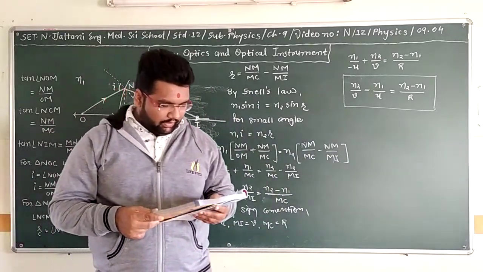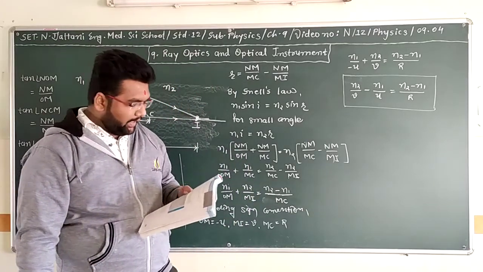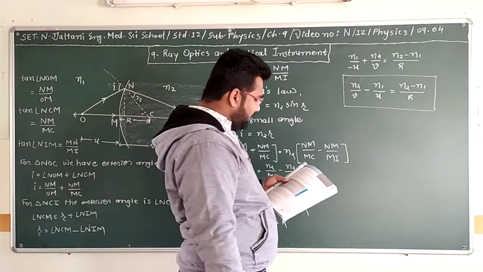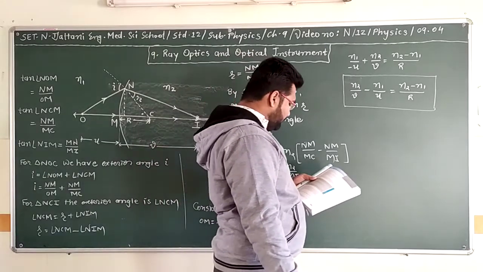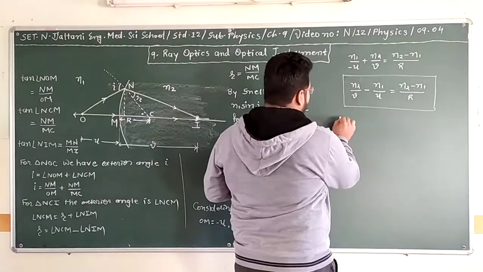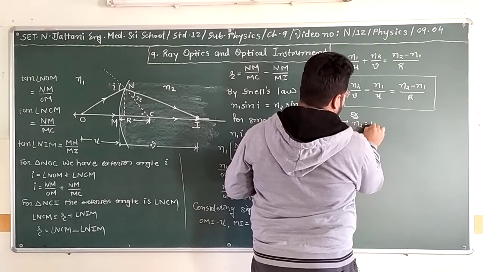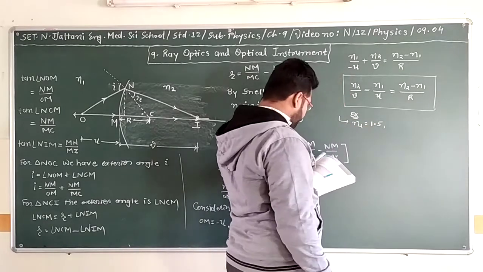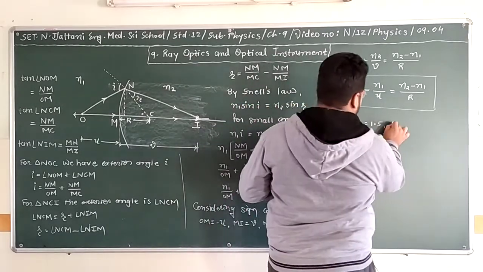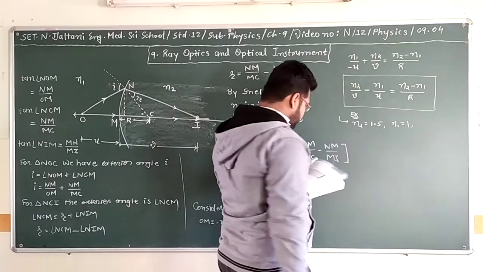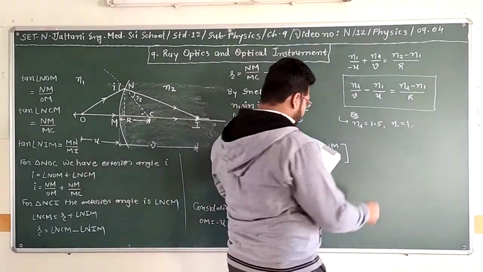Now we will have the example: the light from a point source in air falls on a spherical glass surface which has the refractive index n equal to 1.5. So we have n2, that is 1.5. In the medium n1 is air, so we will take n1 equal to 1, and the radius of curvature is 20 centimeter.